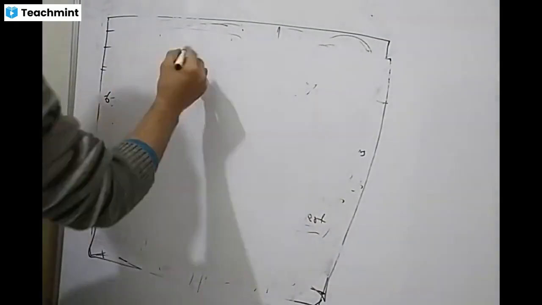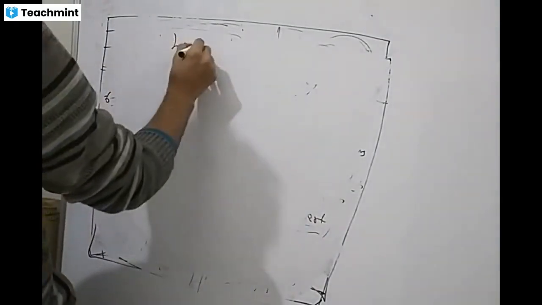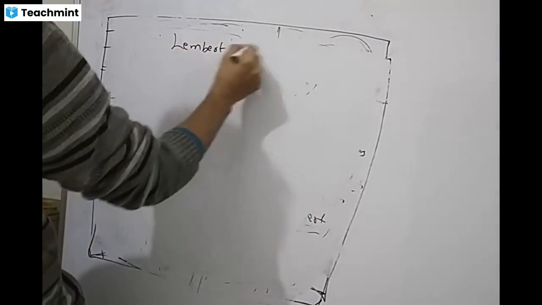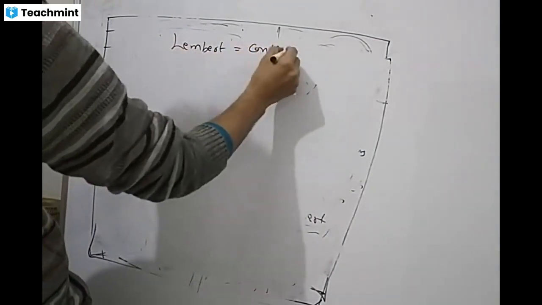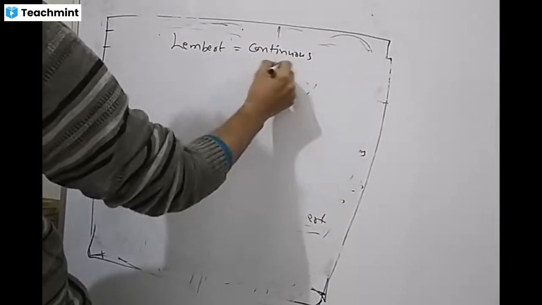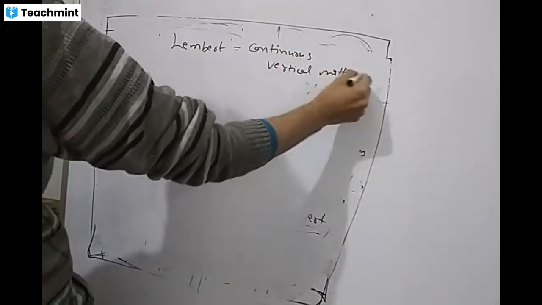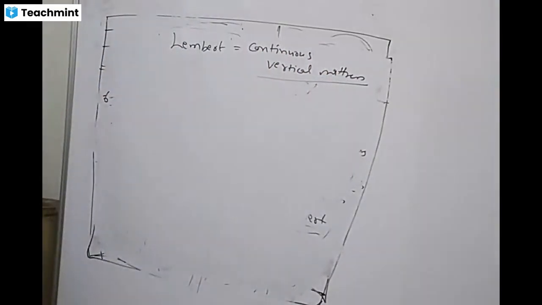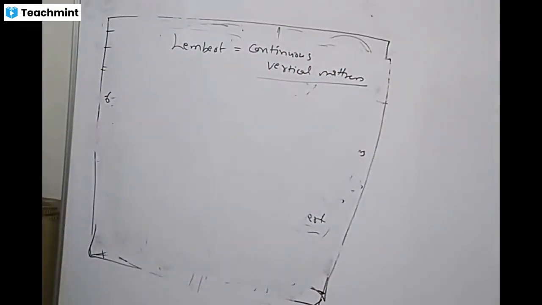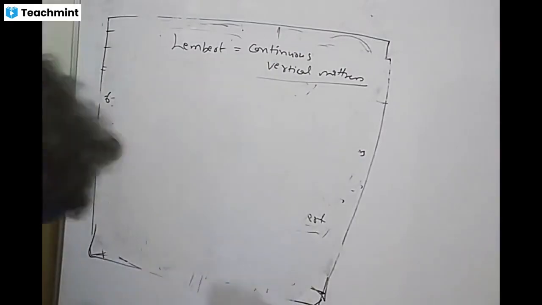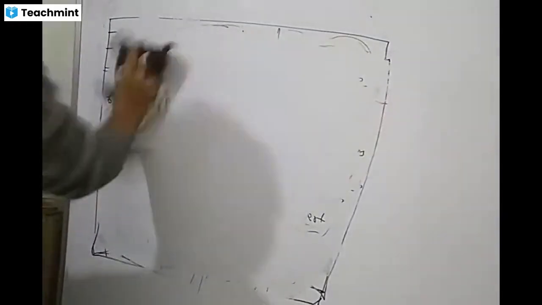So Lambert is nothing but your continuous vertical mattress suture. If vertical mattress suture is taken as a continuous pattern, then it is called Lambert. How is it taken?